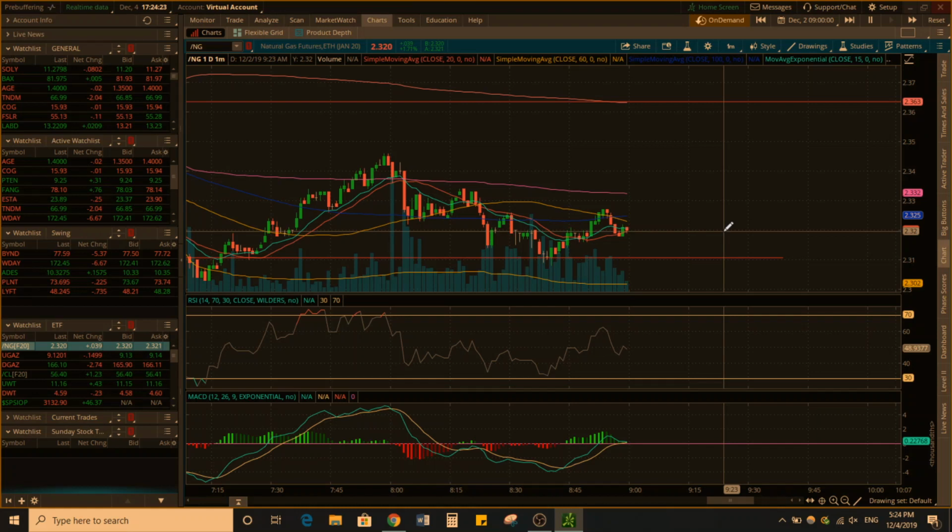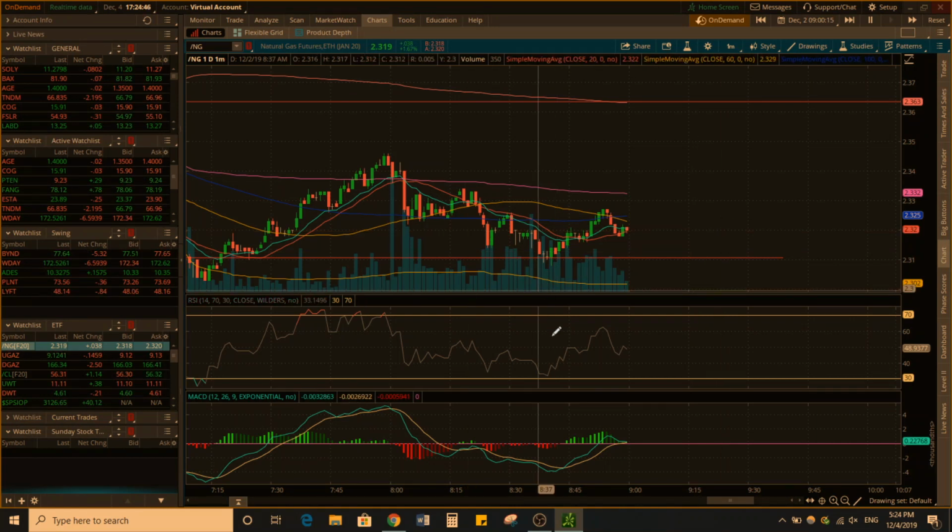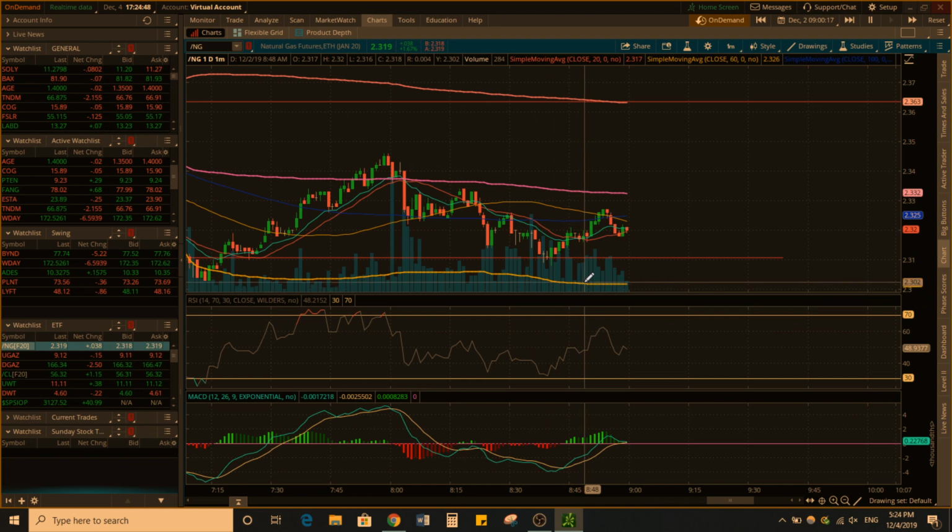So let's see, and it's also still trading below the lower VWAP. RSI is pointing down, which is not a good sign, and the MACD is, I mean, not a good sign for NG, but a good sign for DGAS, and the MACD is coming down, decreasing greens, which is also a good sign for DGAS. So we'll have to just keep on looking.